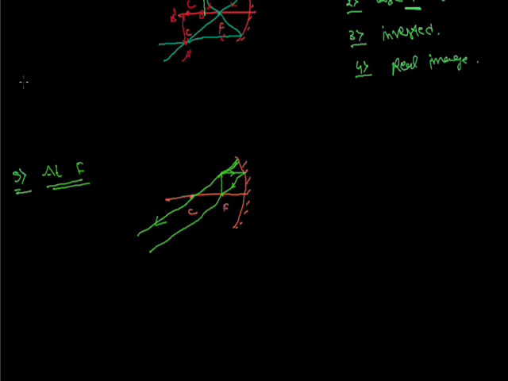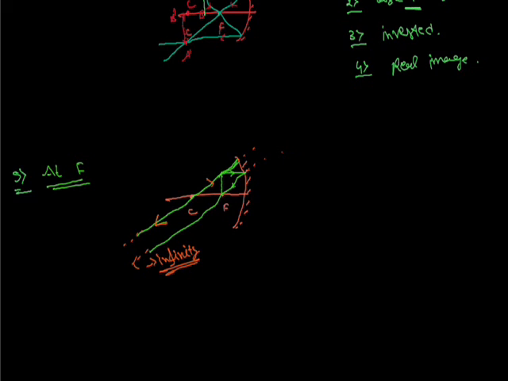The ray goes in this direction, and after reflection it will reflect back in this direction. Will they meet at any point? They always remain parallel, so the image will be formed at infinity.